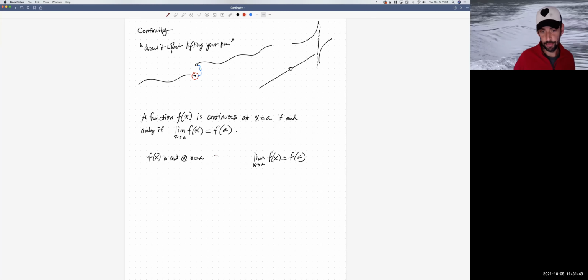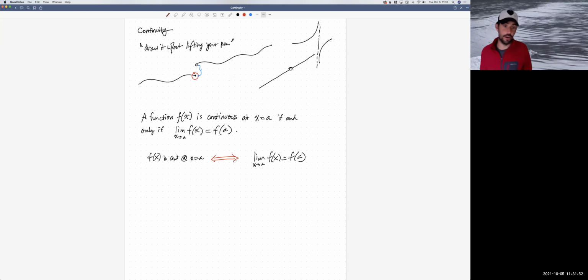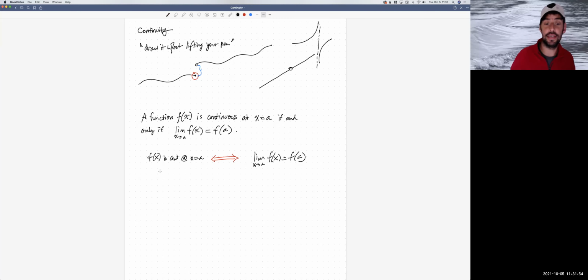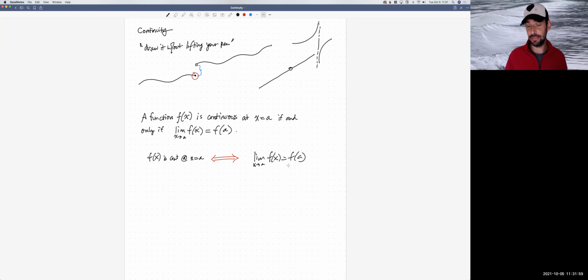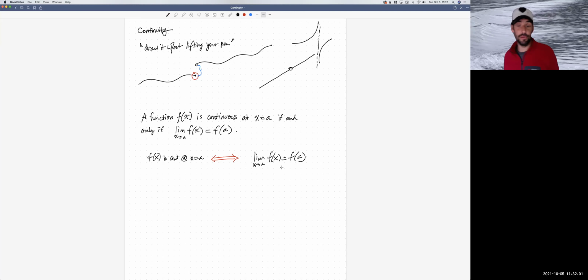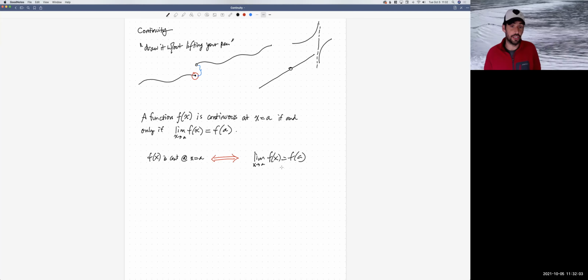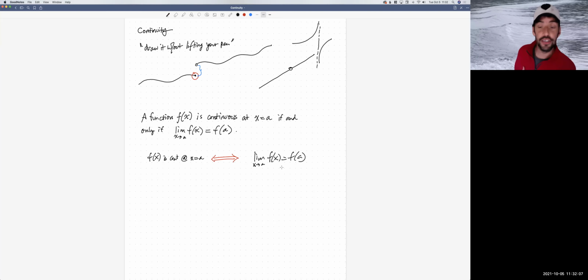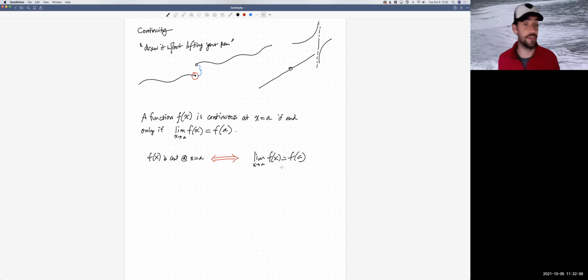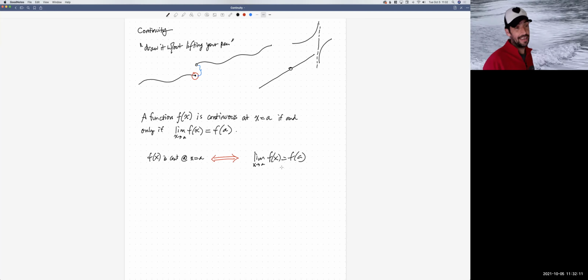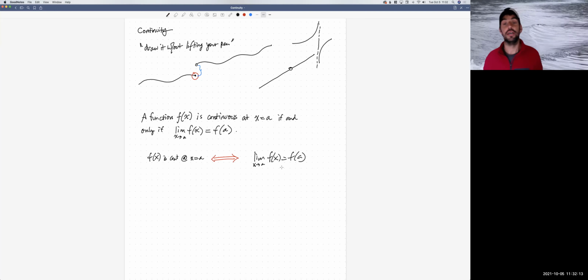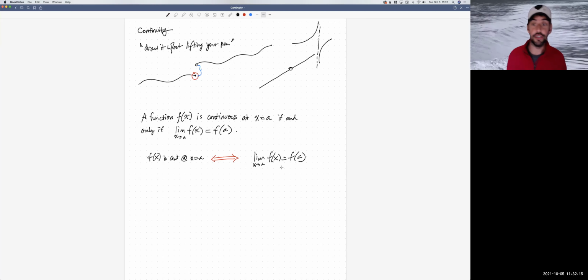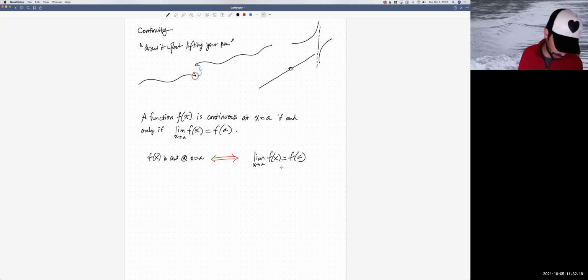We can symbolically represent that if and only if with a two-way arrow, right? Because what this means is if I tell you a function is continuous at x equals a, it must be the case that the limit at that point is just the value of the function at that point. And in the other direction, if the limit of the function at that point is just the value of the function, then it's the case that the function's continuous. So this is our definition of continuous at a point.